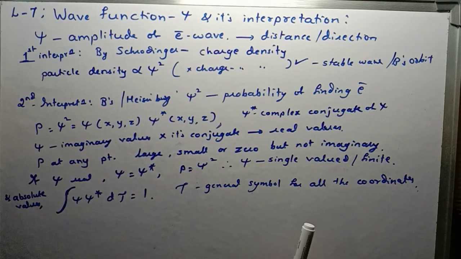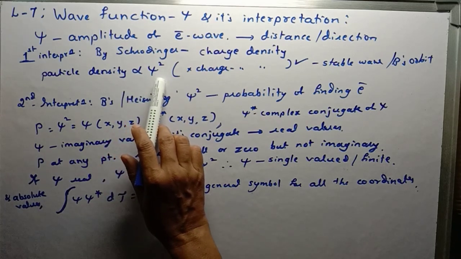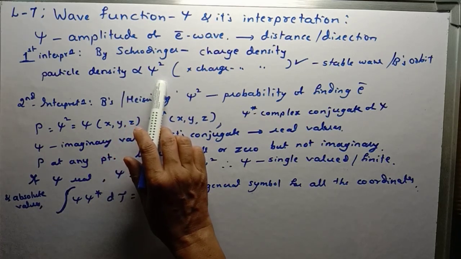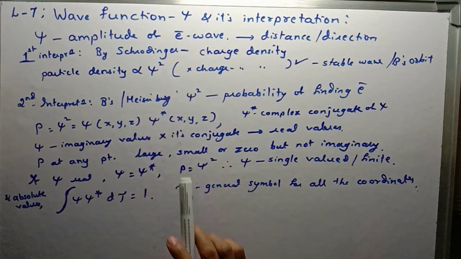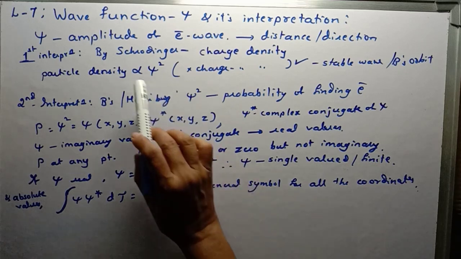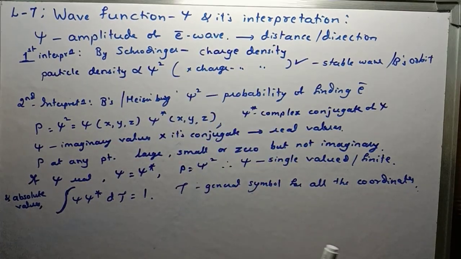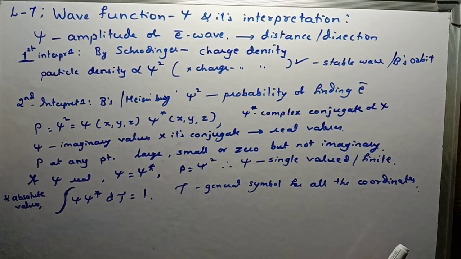Hence the square of psi, that means the amplitude of the electron wave, is a measure of particle density. If we multiply the particle density by the charge, it gives the charge density.